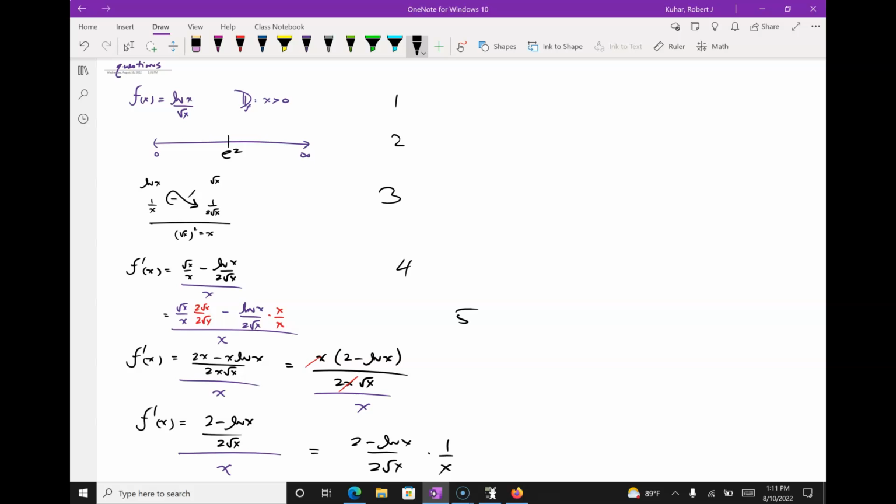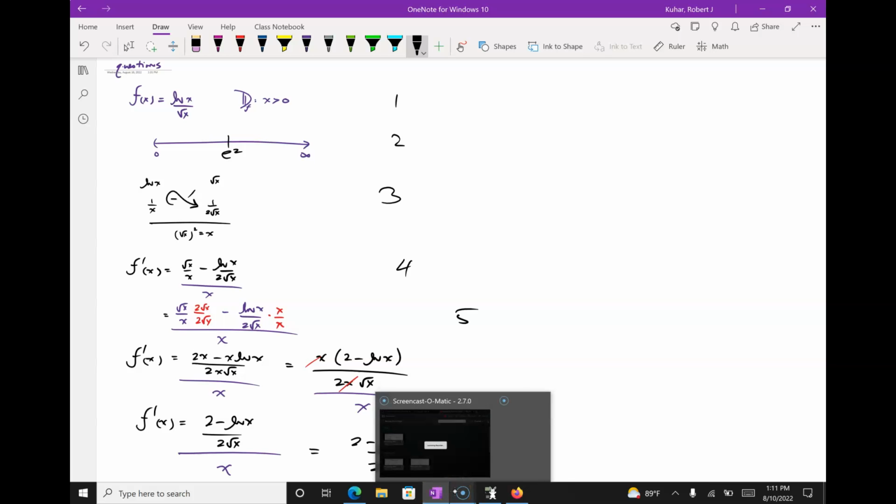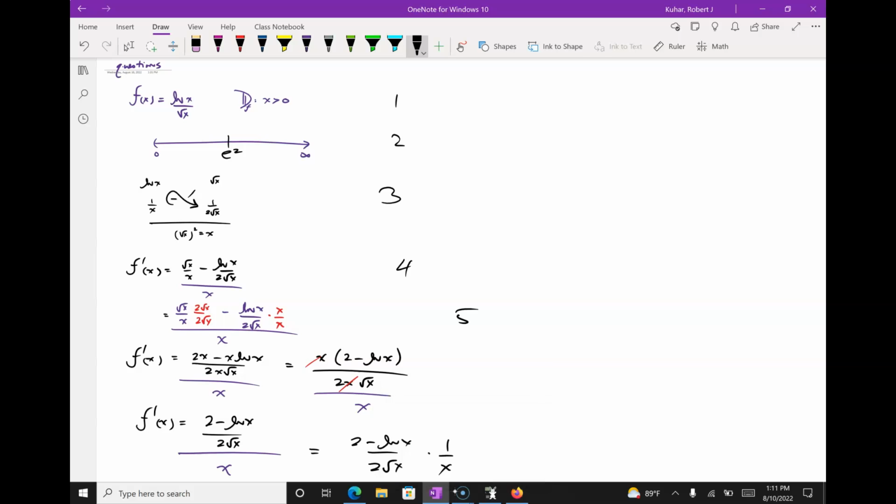Now, I'm in trouble here a little bit if I just trust the graph. And in fact, let me see, what do I get at f of e squared? I get ln of e squared over square root of e squared. I get 2 over e, right? We did this the other day, I'm pretty sure.